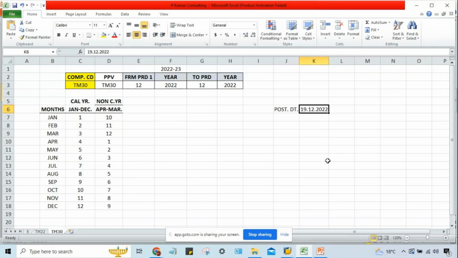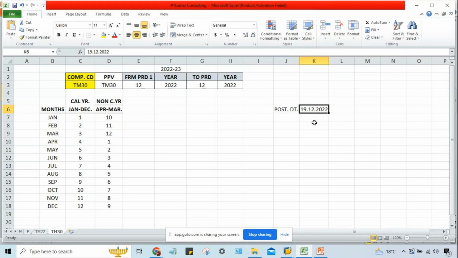Posting date means when the transaction is getting posted, in today's date it is 19th 12 2022.